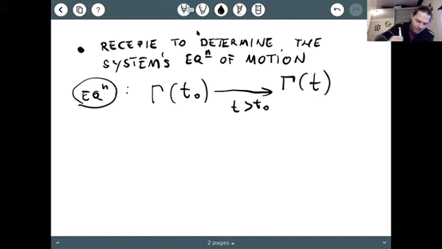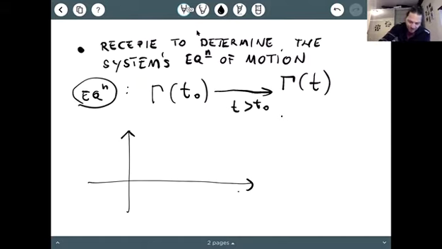And I can represent this in phase space for one particle in one dimension. The phase space is a plane. We have Q and P. My initial state is some state gamma of t0, a point in phase space, which is basically Q of t0 and P of t0.